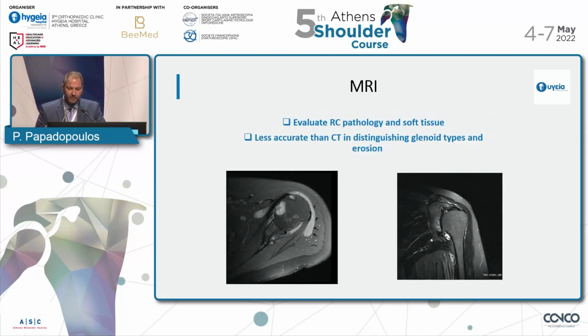MRI in general is crucial to evaluate the pathology of the rotator cuff and the soft tissue, but it's less accurate than CT scan in distinguishing the glenoid types and the erosion of the glenoid.